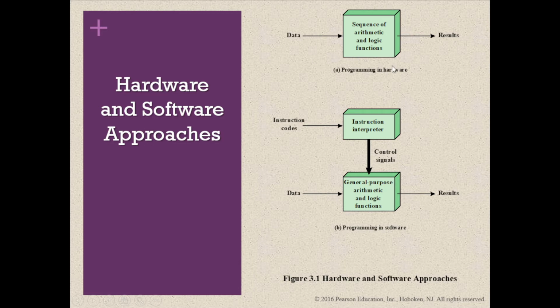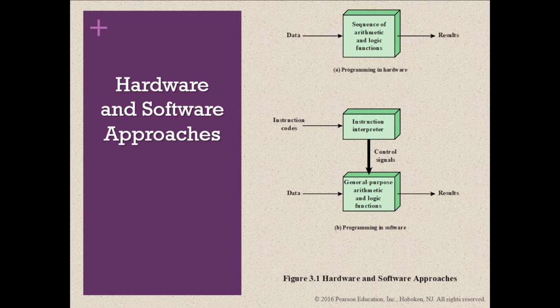Maybe the diagram is simpler because it only uses one step, or just a sequence of arithmetic and logic functions. So that is 3.1a. With 3.1b, with general purpose hardware, the system accepts data and control signals and produces results.